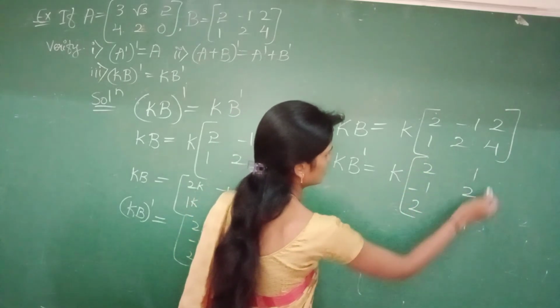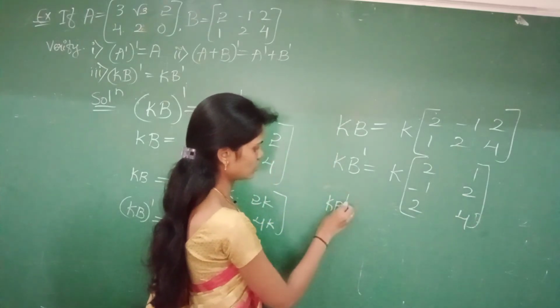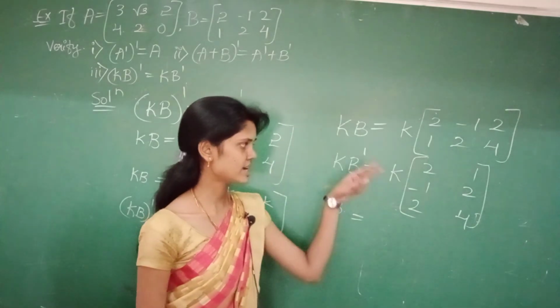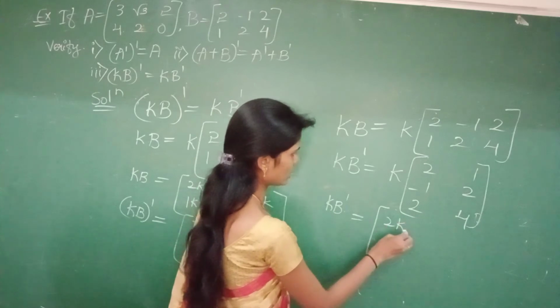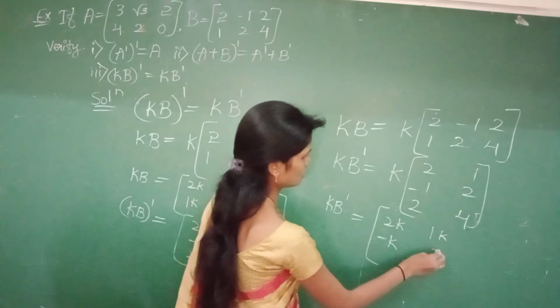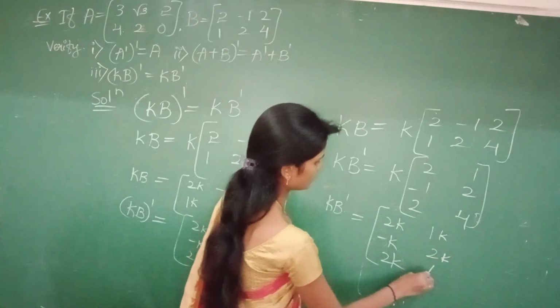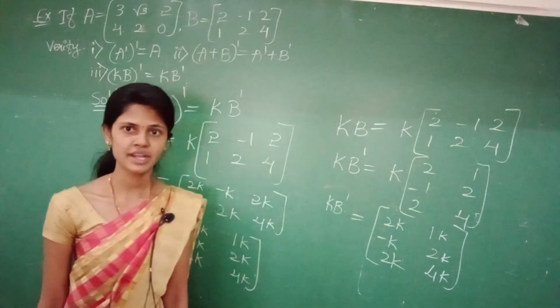Then kB' is equal to, take the multiplication of k inside the matrix. What do you get? 2k, 1k, minus k, 2, 2 and 4k, right? This is our kB'.